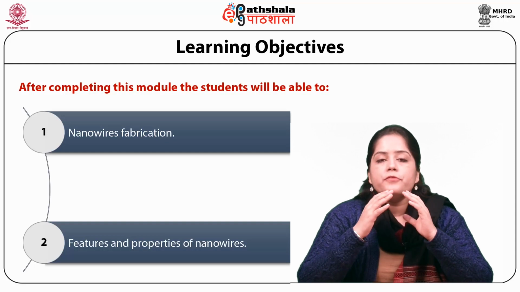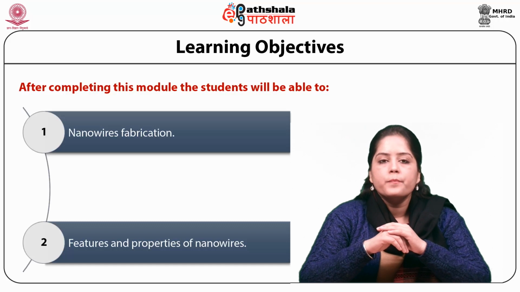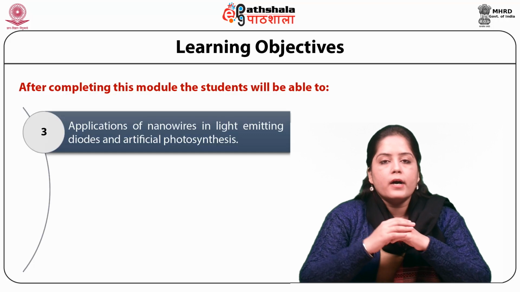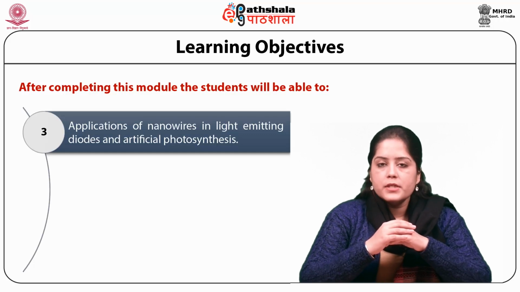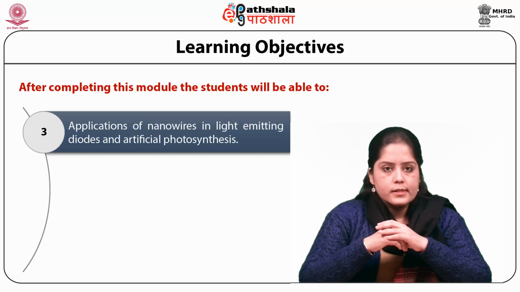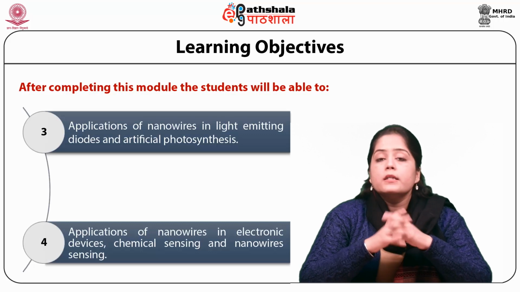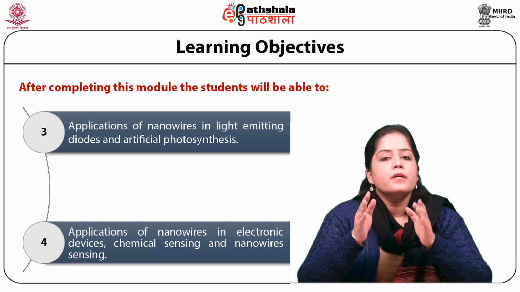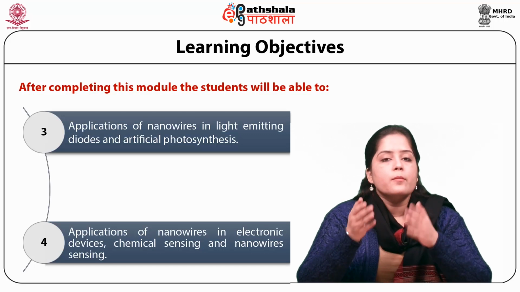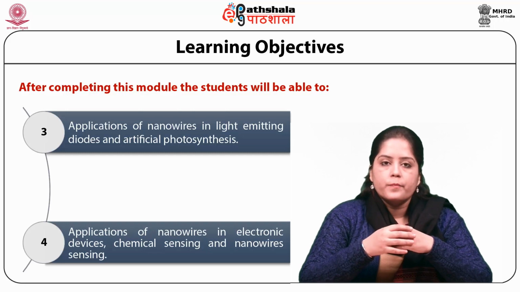Second, different features and properties of nanowires. Third, the applications of nanowires in light emitting diodes and artificial photosynthesis. Lastly, we will discuss the applications of nanowires in electronic devices, chemical sensing, and nanowires sensing.